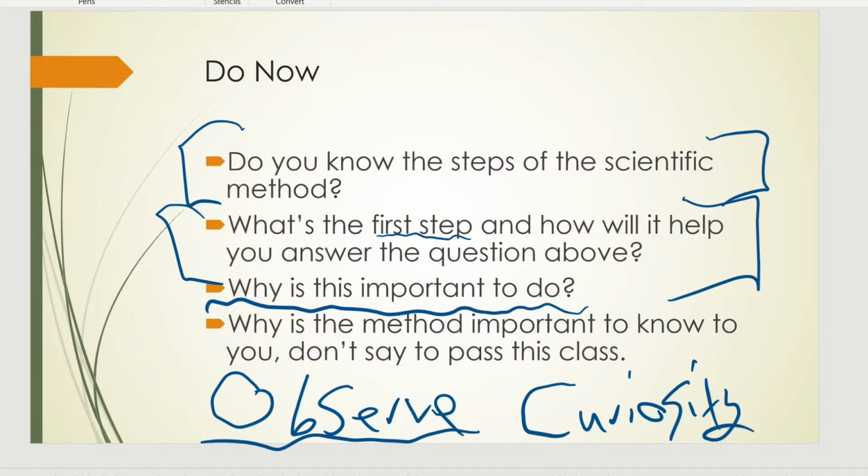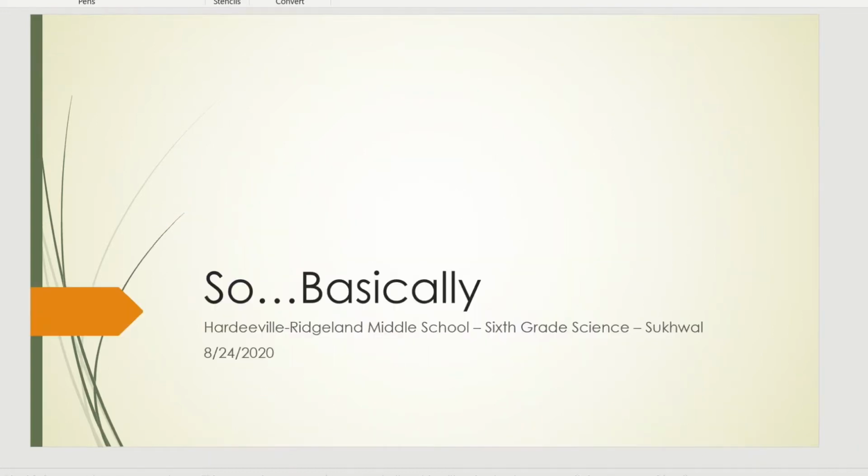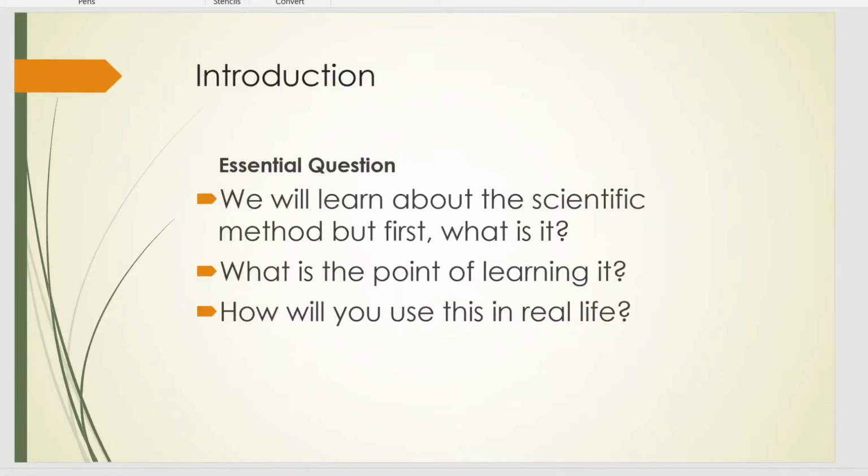And not only because you definitely want to pass this class, because, again, it's the easiest class you will take all year. It's because we use it every day. So we'll learn about the scientific method. We'll learn about what the point of learning it is. But it's basically a tool, right? It's a tool that scientists use to basically do science.